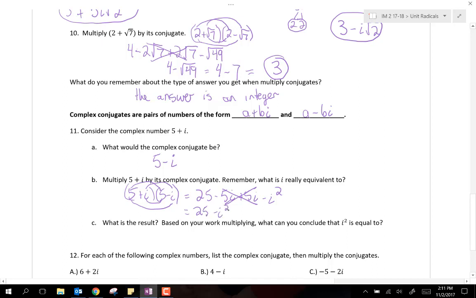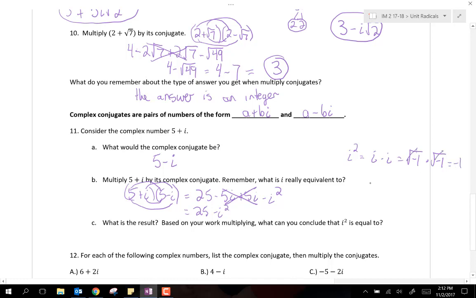Now what is i squared? What is i really equivalent to? So i squared is equal to i times i, which is the square root of negative 1 times the square root of negative 1. Since they're both the same thing, when we square it, the 2 and the square root cancel out, so we're just left with negative 1.